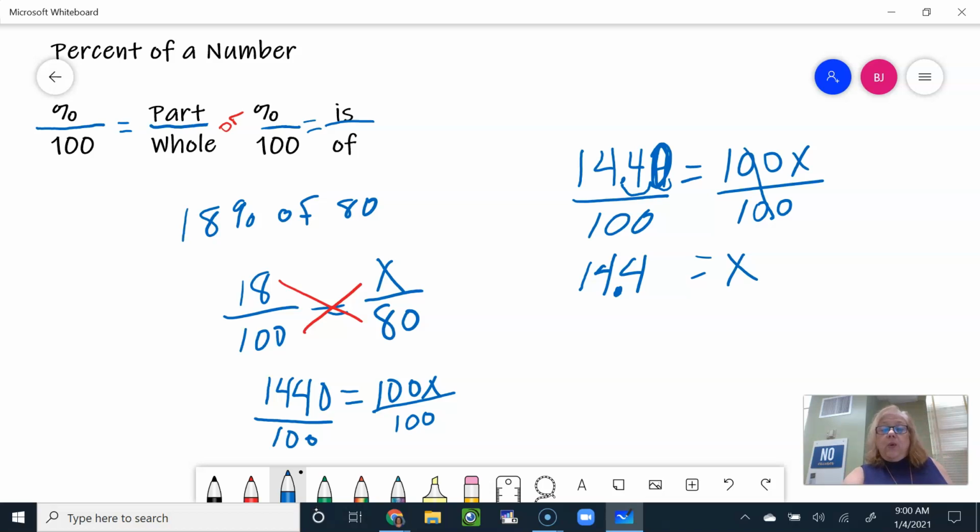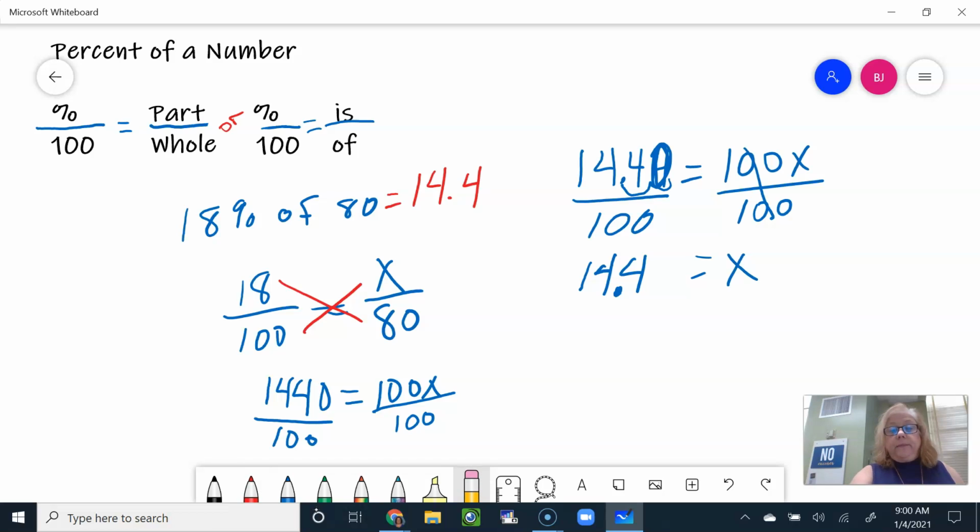Okay, so 18% of 80 equals 14 and 4 tenths. So that's our answer there, okay?